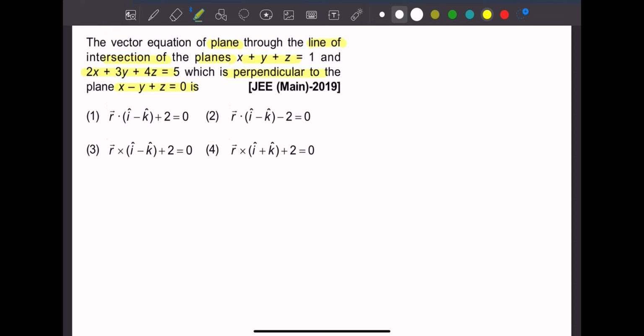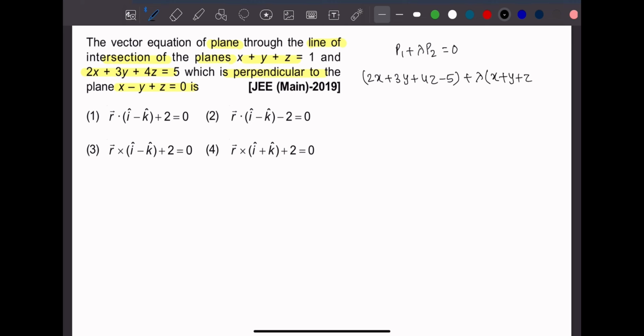Okay, equation of a plane which passes through the line of intersection of given two planes, that is P1 plus lambda P2 is equal to 0 we can write, which means we are getting 2x plus 3y plus 4z minus 5 plus lambda times x plus y plus z minus 1 equal to 0.